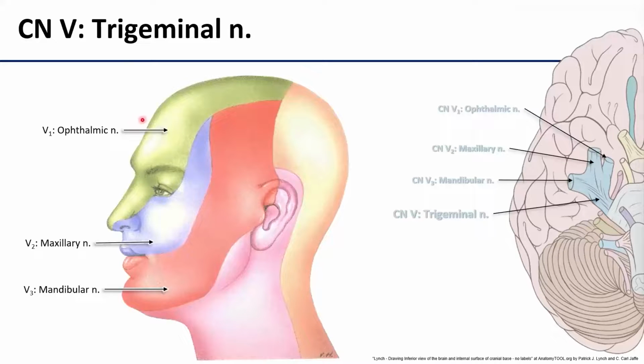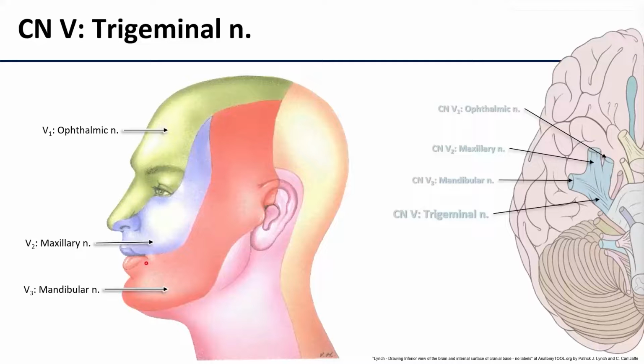So V1's territory here is in green, extending up superiorly. It includes the roof of the nose and the upper eyelid, and all the way back up onto the top of the head. V2 is down here in blue, and it includes the nostrils, the upper lip, and the lower eyelid as it extends up onto the side of the face here.